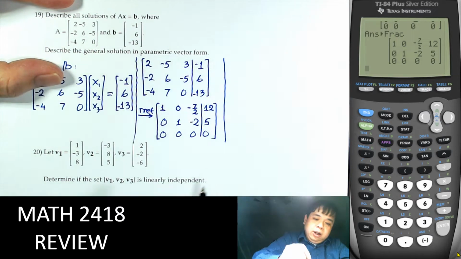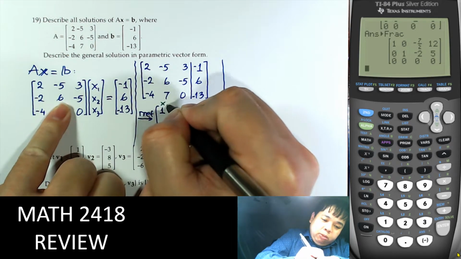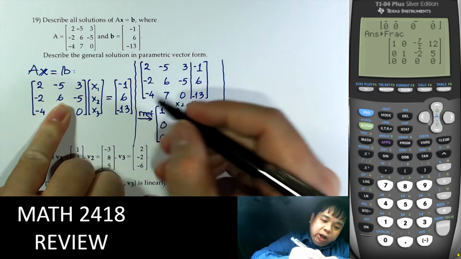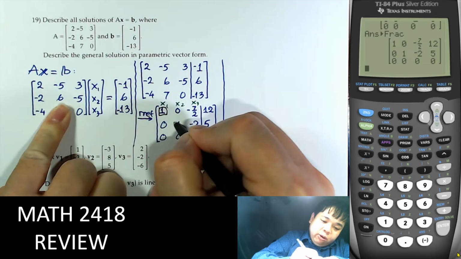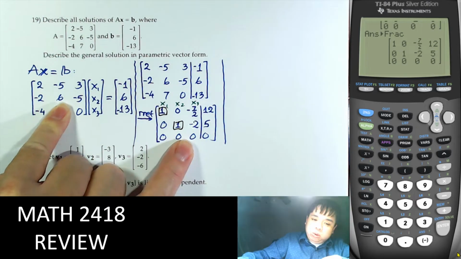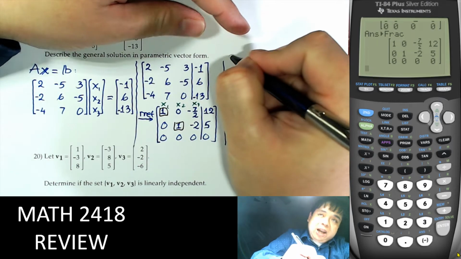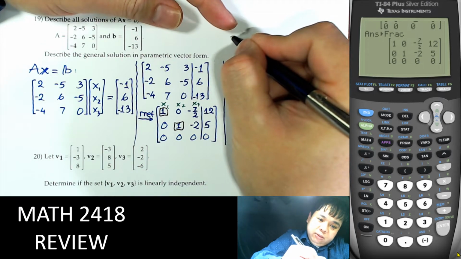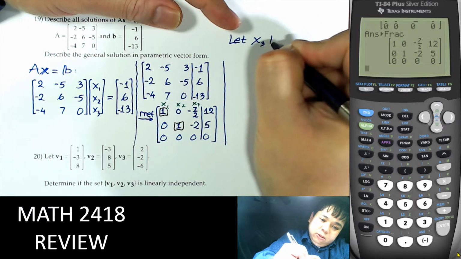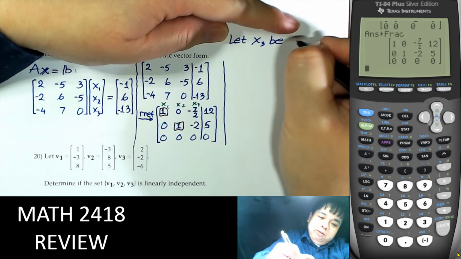Right. So if we write x1, x2, and x3, we have the pivot on x1 and x2. Therefore, those are the basic variables. The free variable would be x3 because there's no pivot on this column. So we say x3 is a free variable, x3 can be any number.